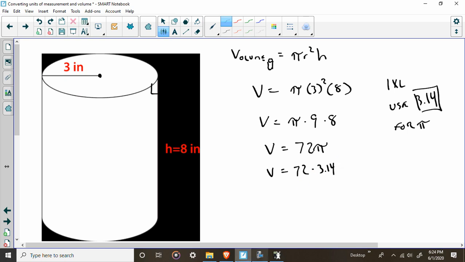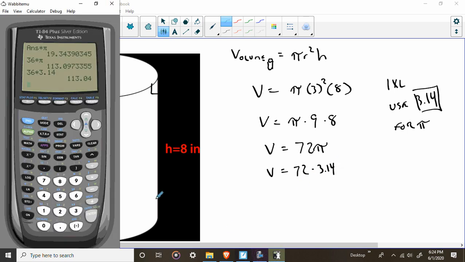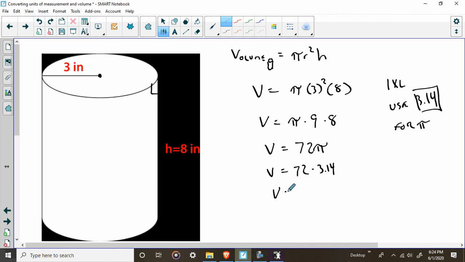Okay? 72 times 3.14. So 72 times 3.14 is 226.08. Volume is equal to 226.08, and that is in inches cubed. So you could put 226.08 little cubic inches inside here, okay?